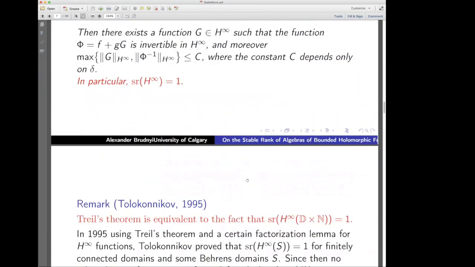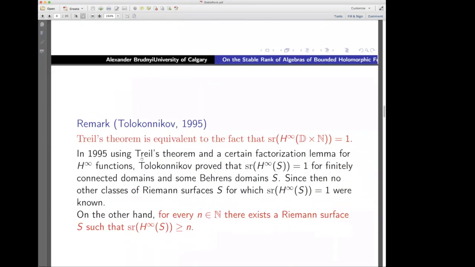In the same paper in 1995, Tolokonnikov, using Treil's theorem and a certain factorization lemma for H infinity functions, proved that the stable rank of H infinity(S) is 1 for finitely connected plane domains and some specific Behrens domains.